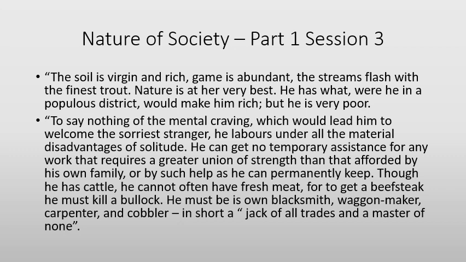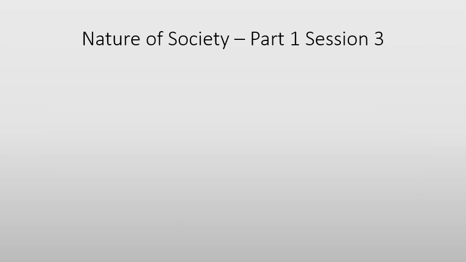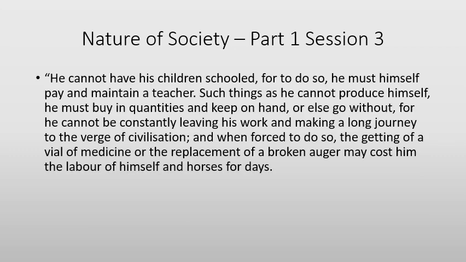Though he has cattle, he cannot often have fresh meat, for to get a beefsteak he must kill a bullock. He must be his own blacksmith, wagon maker, carpenter, and cobbler. In short, a jack of all trades and a master of none. He cannot have his children schooled, for to do so he must himself pay and maintain a teacher.